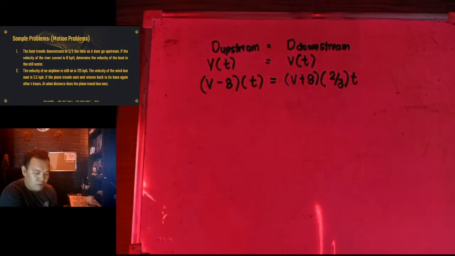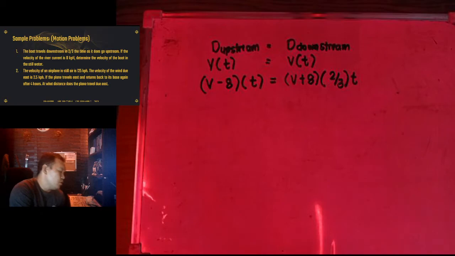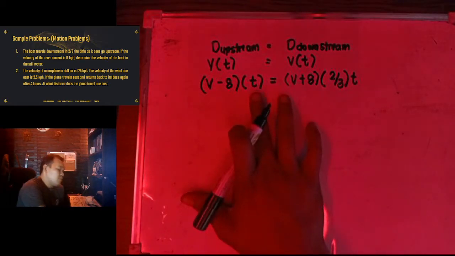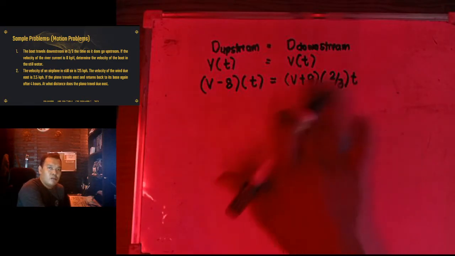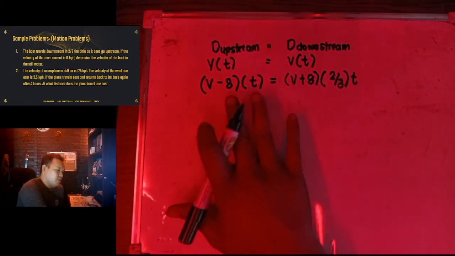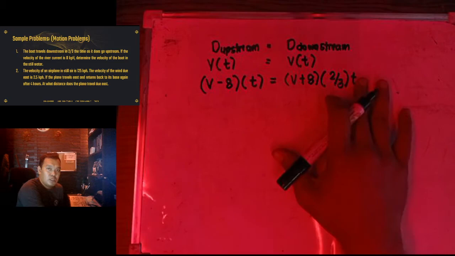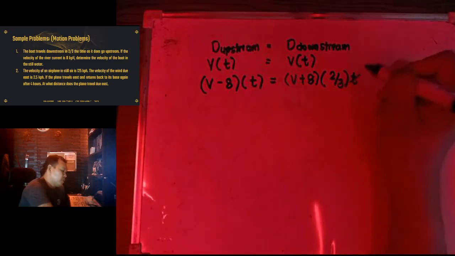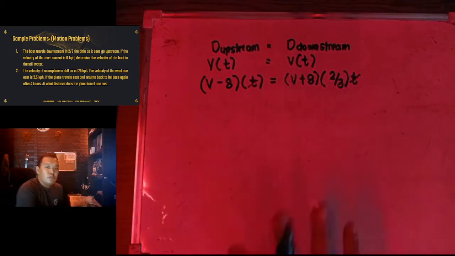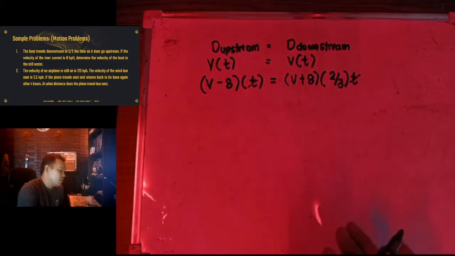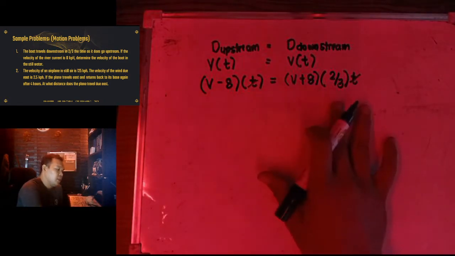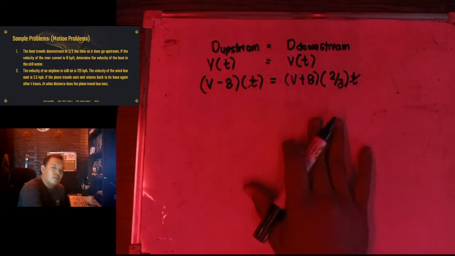So, therefore, makakompute na natin yung value ng velocity in still water. So, syempre, yung time naman dito is pareho, no? Yung time mo ng upstream pala is 2/3 lang ng downstream. So, cancel the t. Then, solve the value of velocity.